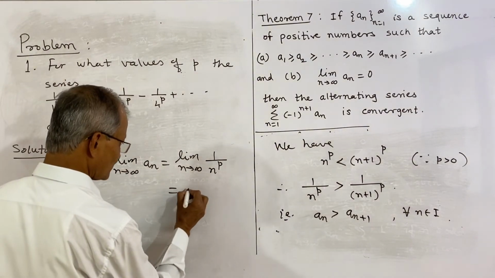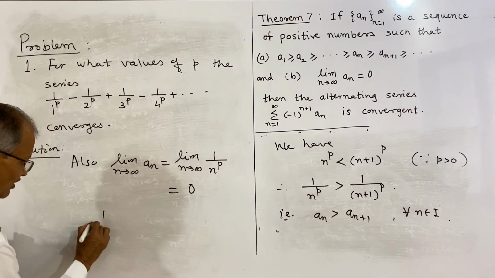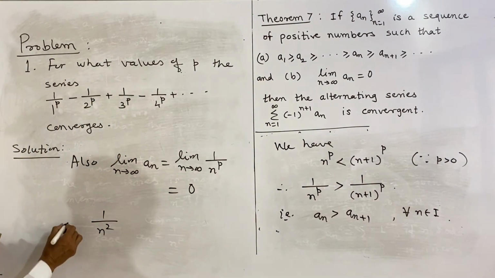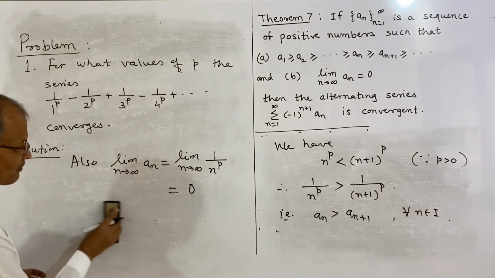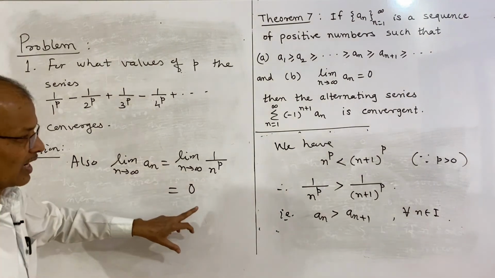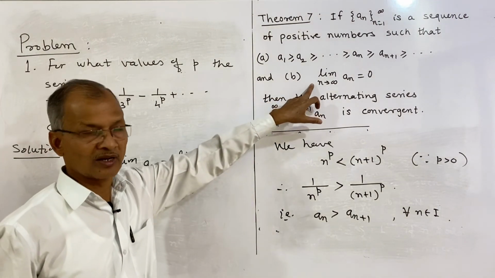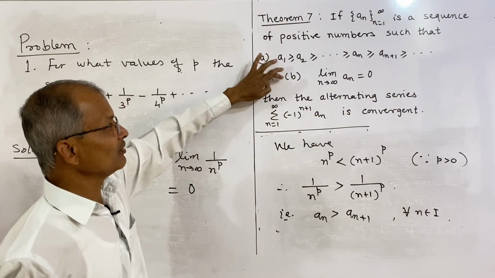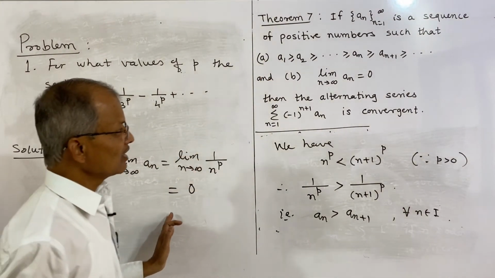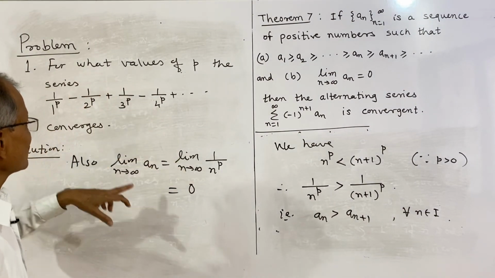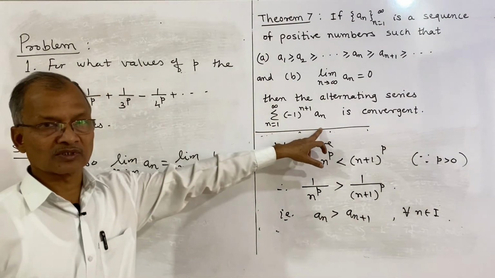So this is 0. For example, the limit of 1 upon n square as n tends to infinity tends to 0. So therefore the limit of a_n is 0. That means the second condition is satisfied. So here both conditions a and b of the theorem are satisfied, and thus this series when p is greater than 0 is convergent.